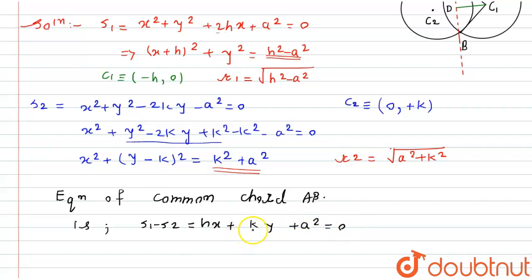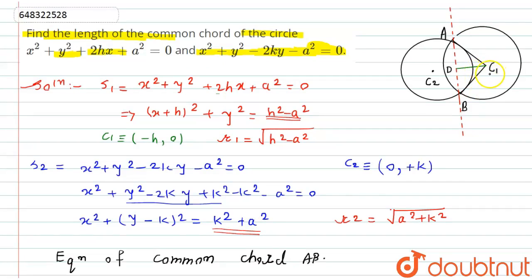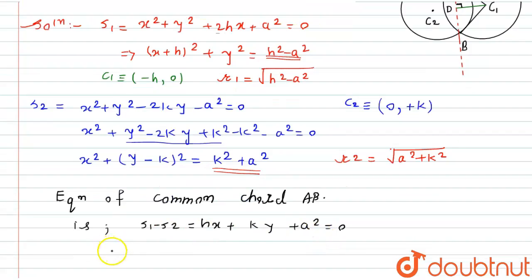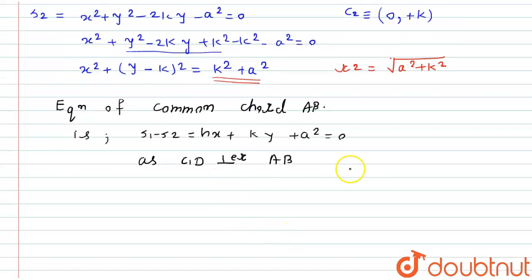Now if you see here, as I have drawn a line from C1 to D, it is perpendicular to this chord AB. So can I write here, as C1D is perpendicular to AB, we can find this perpendicular distance by using the formula.